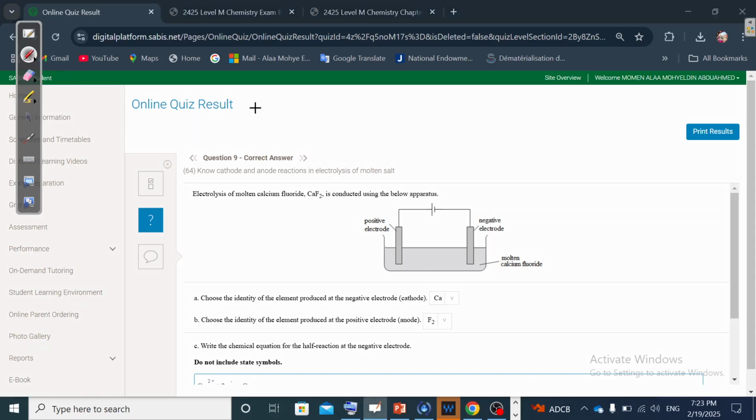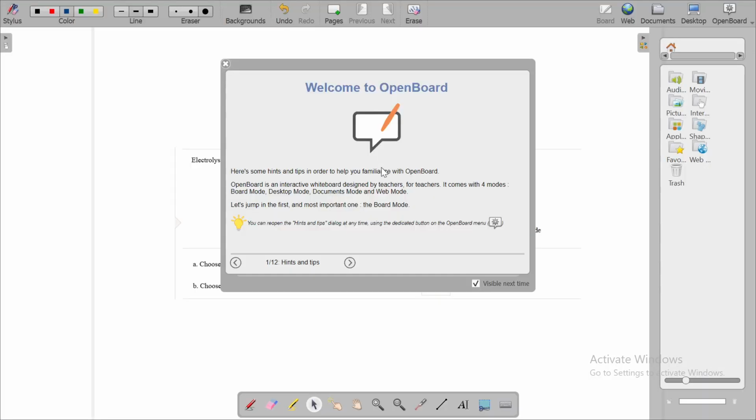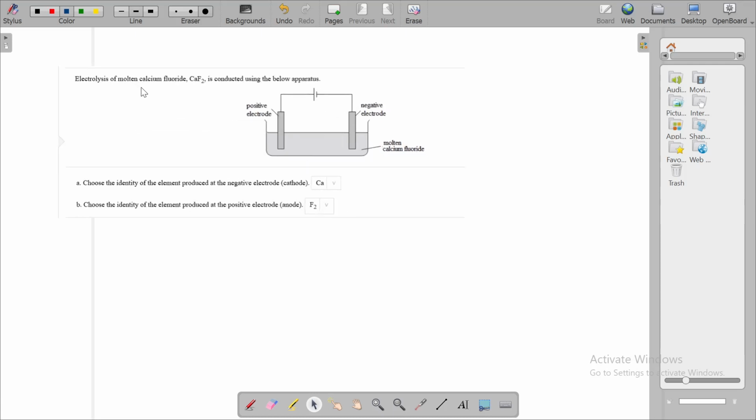Moving on to question number 9. Going back to electrochemistry, Anna, I solve it in my own way. So I'm going to take a screenshot of this question. I'll show you my method. Perhaps it'll be useful for you.